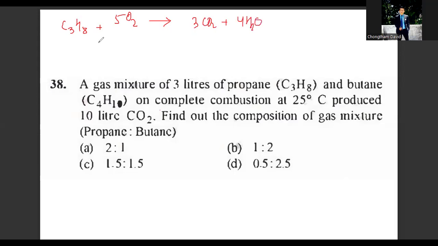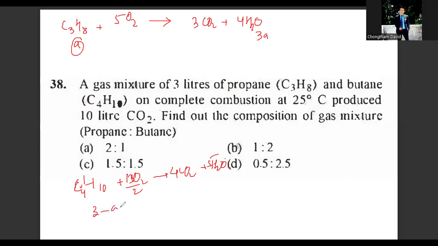If I say this is A and this is 3A, now let us write for butane, C4H10, you will be getting oxygen, carbon dioxide, and water. 13 by 2, and this would be 4, and this should be 5.